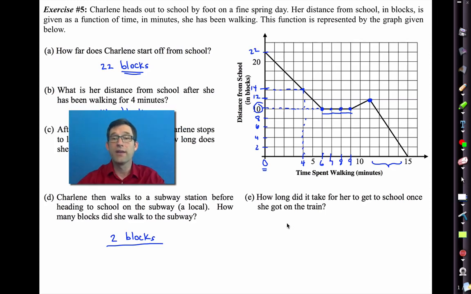Now, how long did it take her to get to school once she got on the train? Well, she must have gotten on the train at 11 minutes, and then she was at school at 15 minutes. The time that elapses between 11 minutes and 15 minutes is 4 minutes. I know this is idealized.